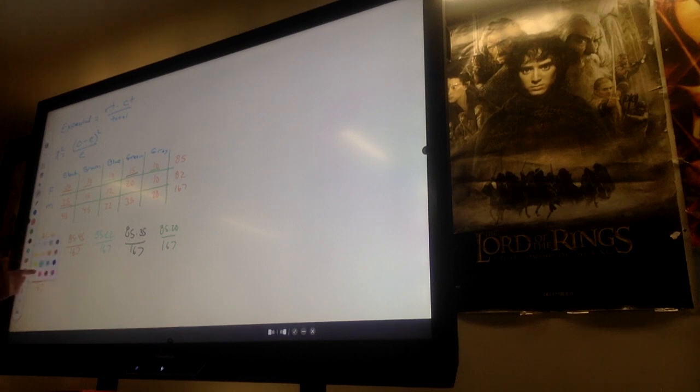Do this one in pink. 82 times 45 divided by 167. 82 times 22 divided by 167. 82 times 35 divided by 167.